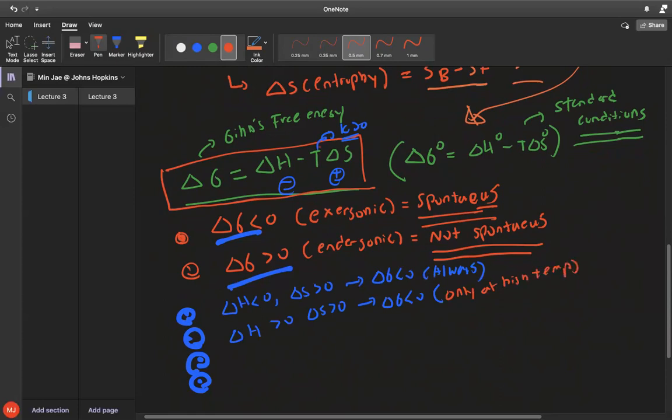Because the sign of delta G changes based on this. So if T is small enough, then the positive delta H will overcome the negative term. So delta G will be positive and that's not spontaneous. So you need to make T as high as possible, at high temperatures, to drive the reaction to the product and thus make the reaction spontaneous.